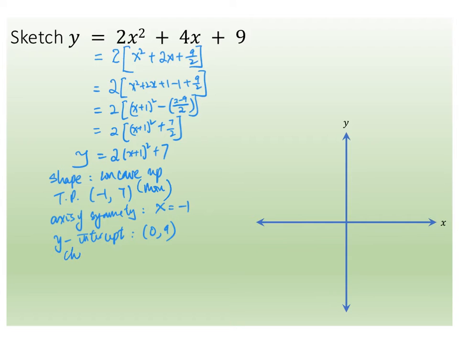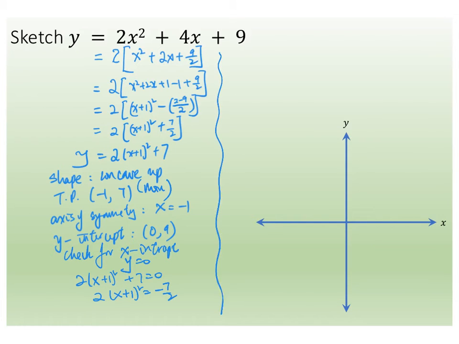Check for x-intercept. Alright, so y equals 0. 2 times x plus 1 squared plus 7 equals 0. 2 times x plus 1 squared equals minus 7, so x plus 1 squared equals minus 7 over 2.